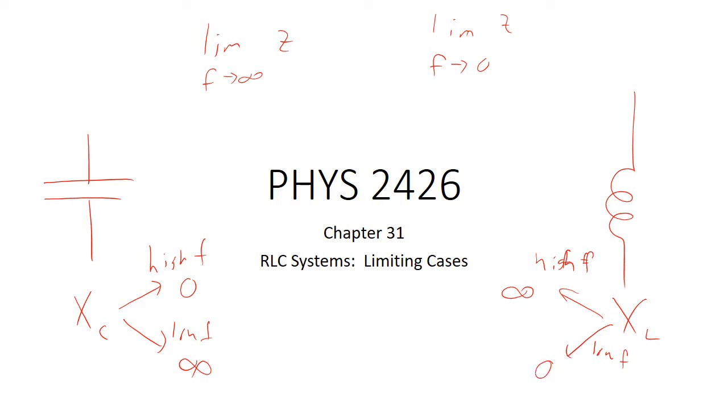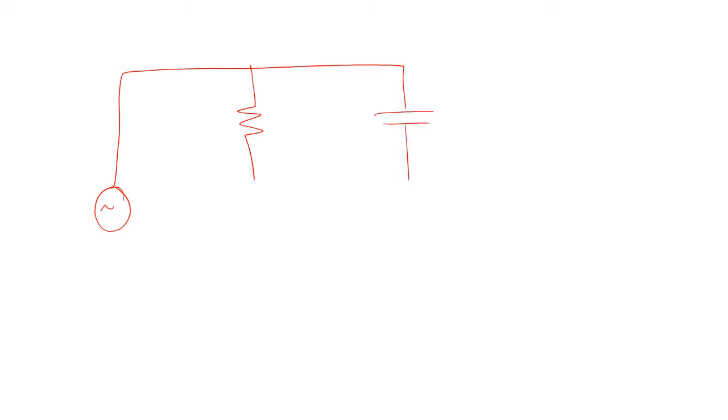Okay, so what would that mean? Well, let's consider several cases here. Let's say we have a resistor, a capacitor, an inductor, and another resistor, and one more resistor, like that.